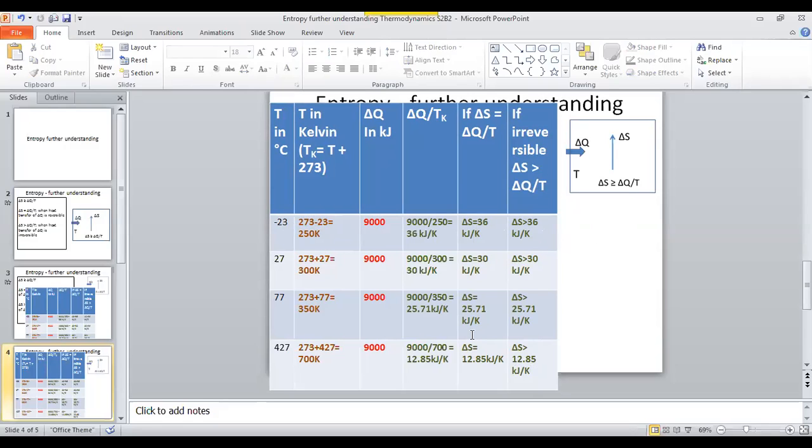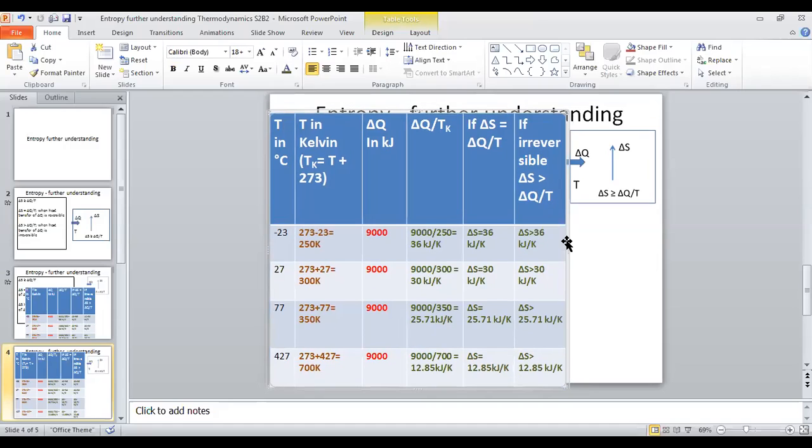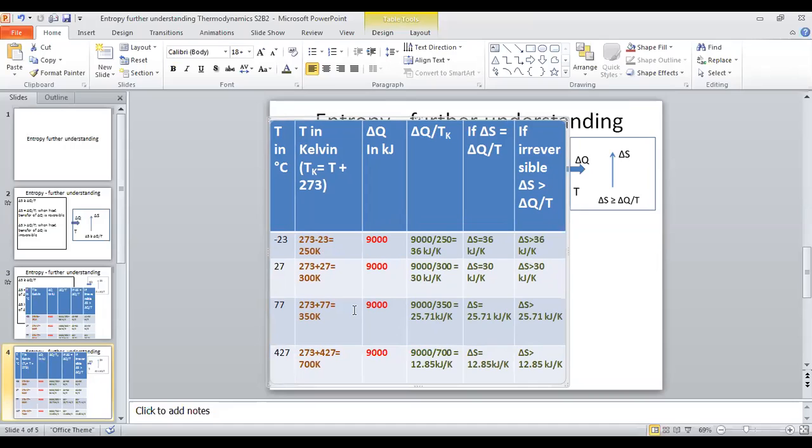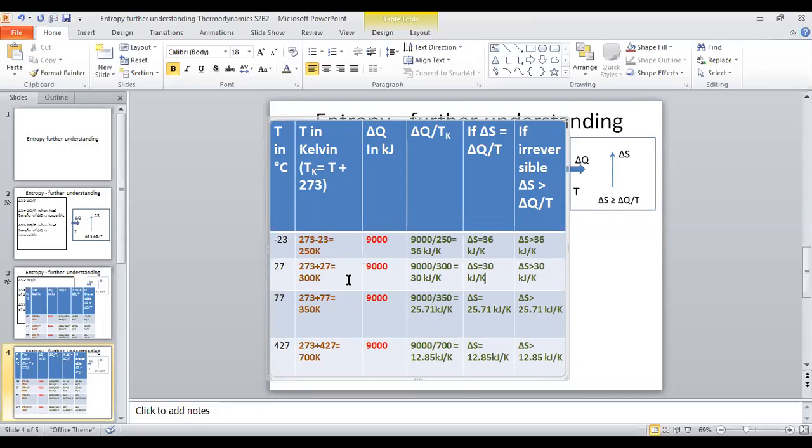So what is this? How do you find? You have to inquire this. What makes this high temperature, same heat transfer, what makes the entropy less? That's why you have to learn it.